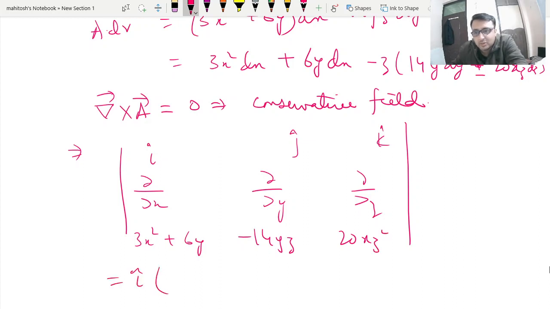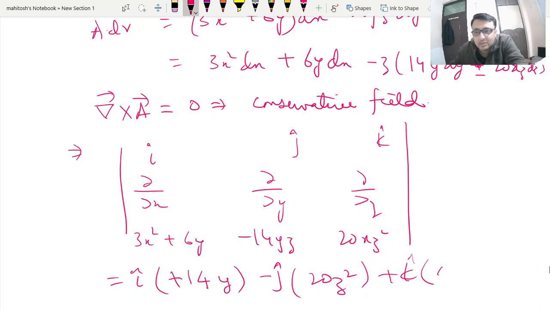So this is 0, and this part is your minus 14 into y. Minus minus become plus. Similarly for this part, this is your 20z square plus k. This is 0 and minus of 6y.